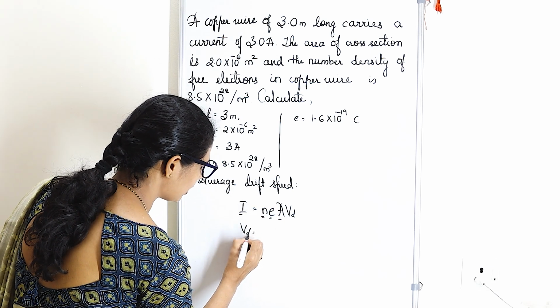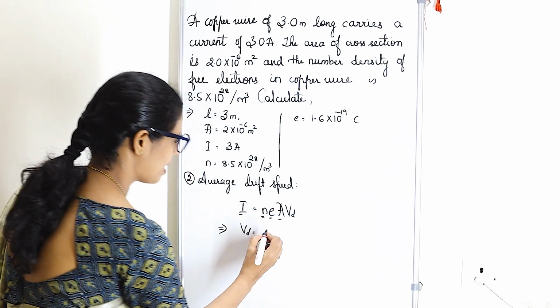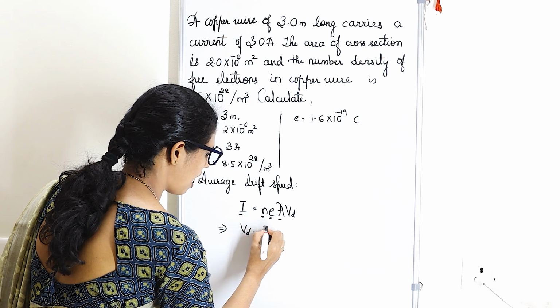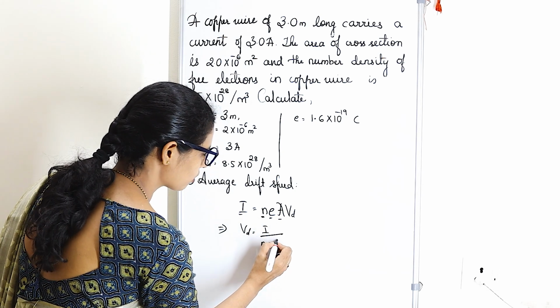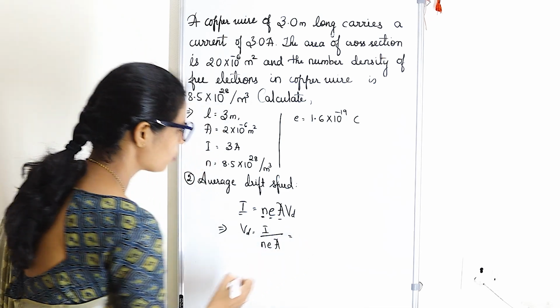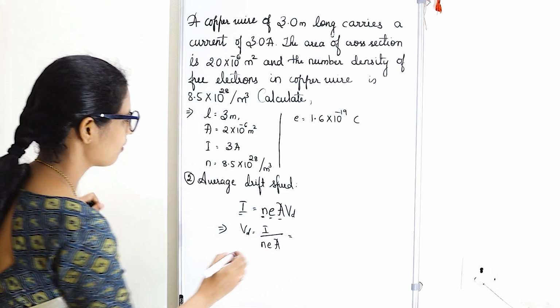So rearrange the equation, and this becomes I divided by number density, charge of an electron, and area. So what is the value for current?